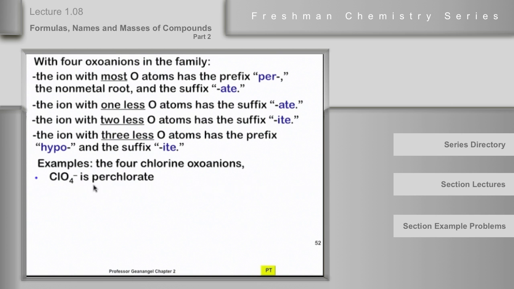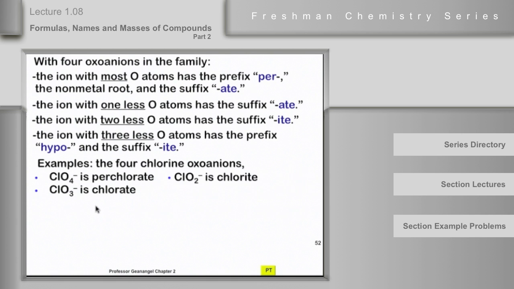All right, so if you see a description of an oxoanion and it's called perchlorate, you'll know it's ClO4 minus, if you remember this, and you should learn it. If there's one less oxygen, ClO3 minus, notice the charge is the same, then it will be chlorate with no prefix. Okay? You just drop the prefix when you drop one oxygen.